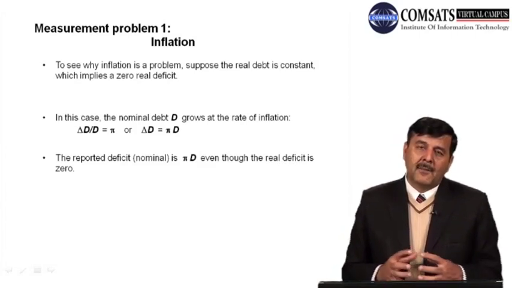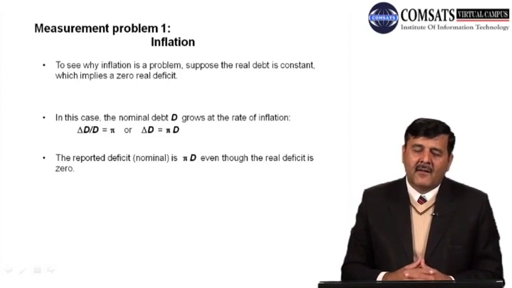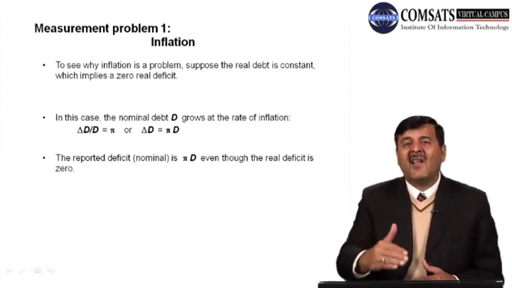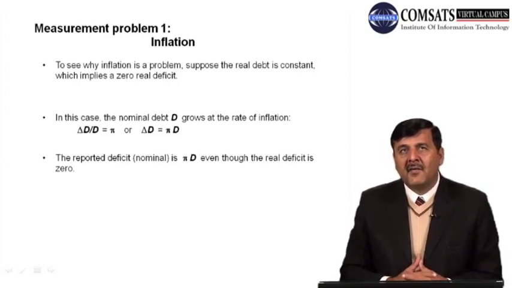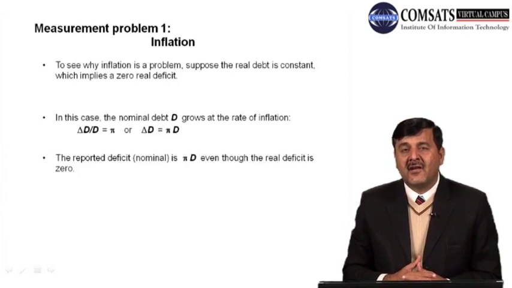So if we multiply inflation with the level of debt, we can find the nominal deficit in the economy, right? As you know, ऊपर हमने अभी assume किया है कि real deficit zero है. Even if real deficit is zero, there is some level of nominal deficit, and that deficit is equal to pi D, where pi is the inflation rate in the country.